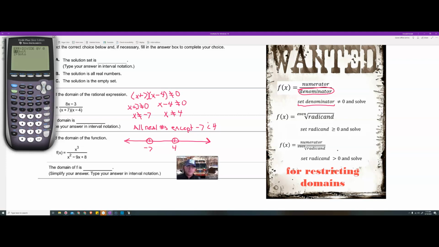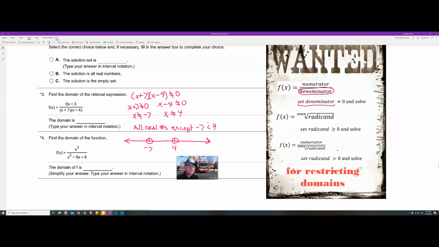Same with 4. When I shade this, all the numbers that aren't -7 would be to the left, or they're smaller than -7. Any number in here is okay, and any number here to the right is okay.